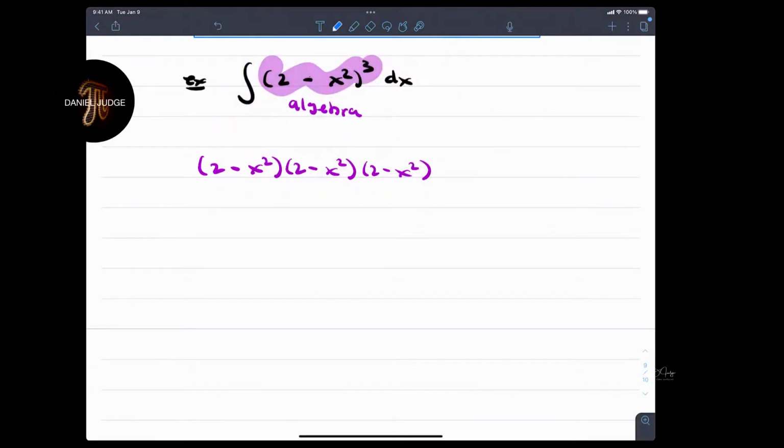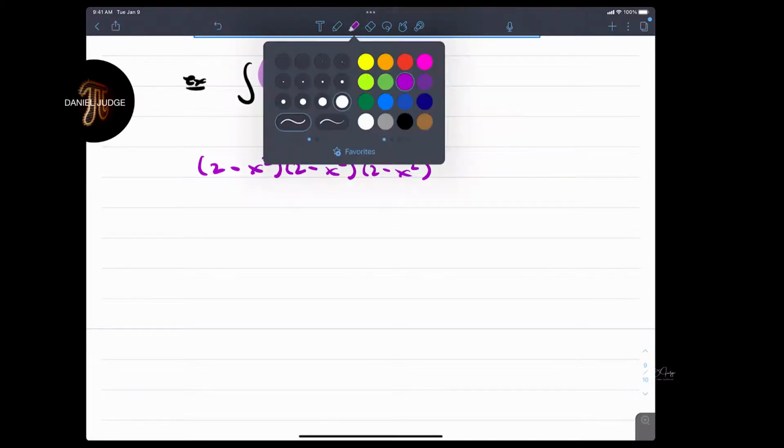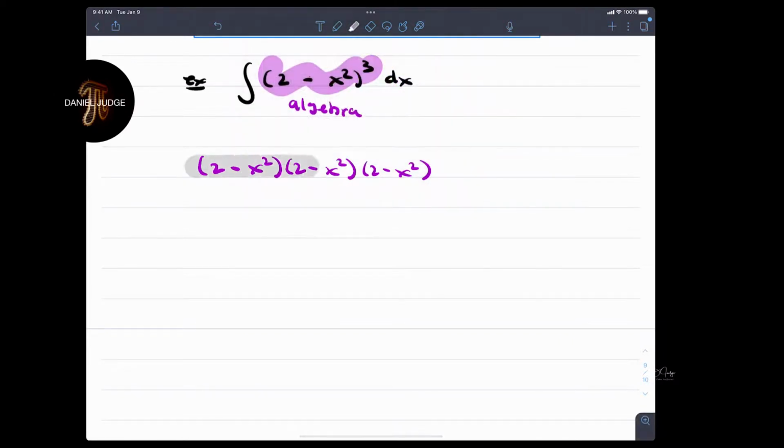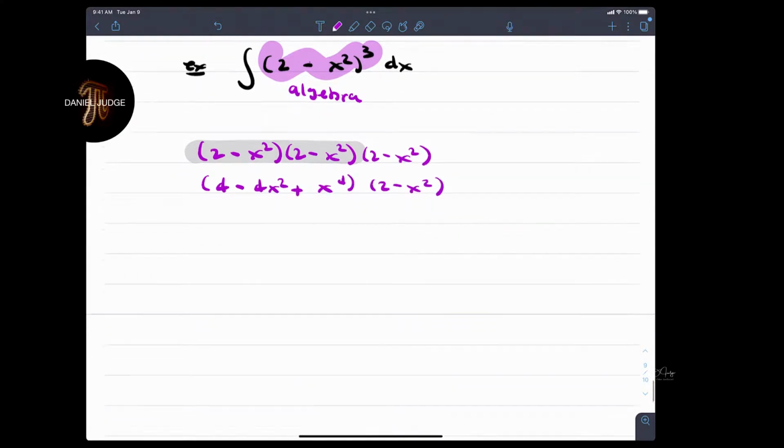All right. Multiply the first two first. 4 minus 4x squared plus x to the fourth, times 2 minus x squared. Then multiply again now.